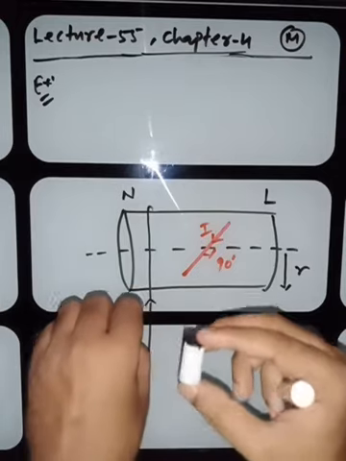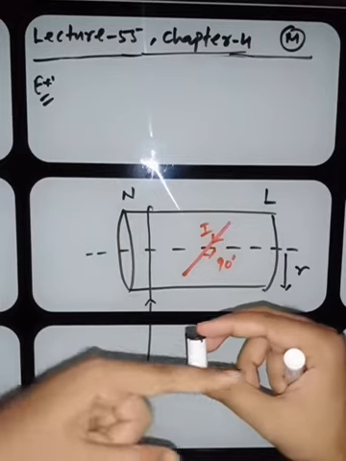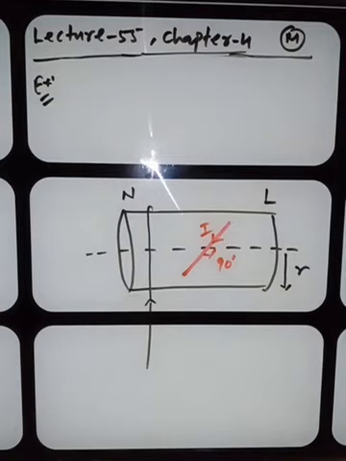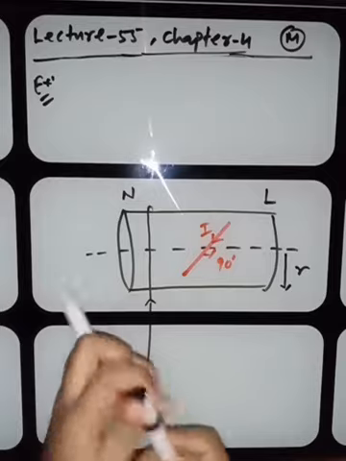That is, this conductor and the axis of the solenoid are both in the same horizontal plane. This is the question.